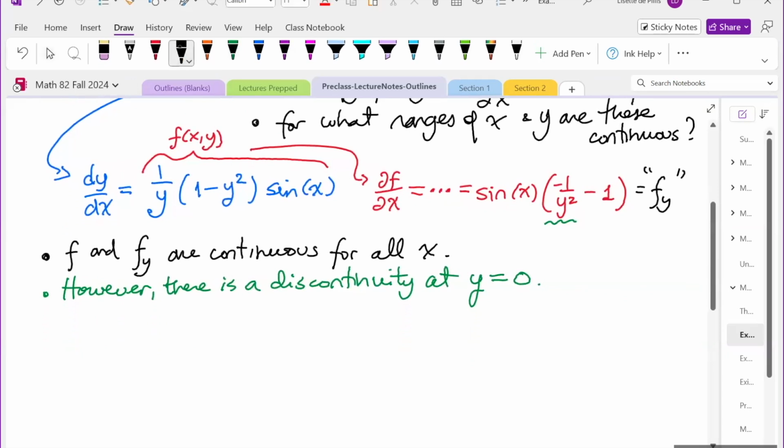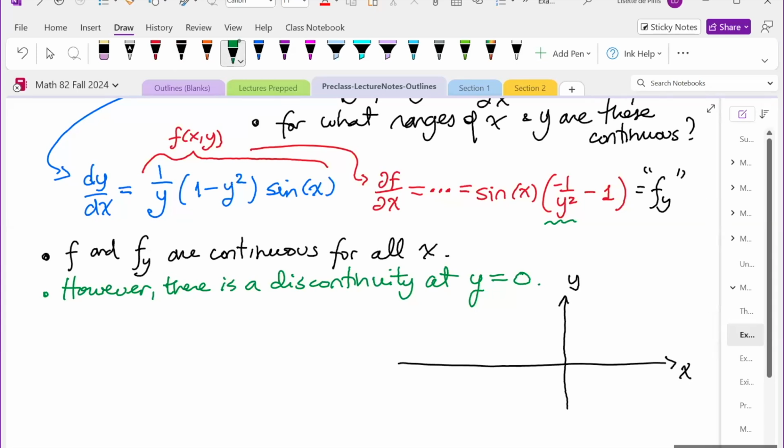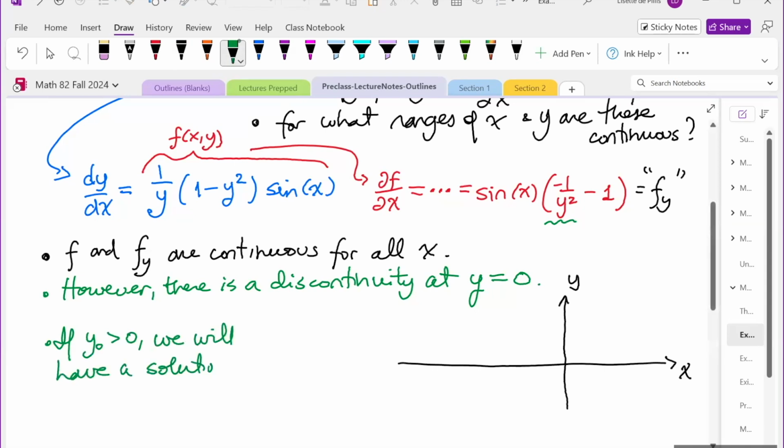If I were to sketch what this might look like in x and y, and you might want to try this on Desmos to see what you come up with: if my initial condition y naught is positive, we will have a solution that's completely above the y equals 0 axis.